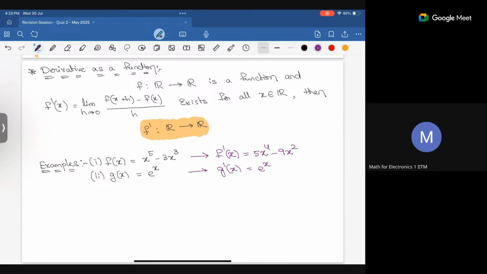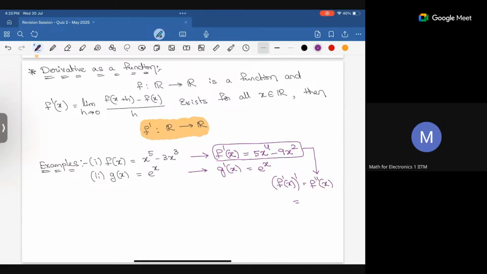Now, since this is a new function, I can compute the derivative of this function. If I compute the derivative of f prime of x, it is denoted as f double prime of x. Again, f prime of x is a 4-degree polynomial, which will be smooth, and if it is smooth at all points, the derivative exists at all points.